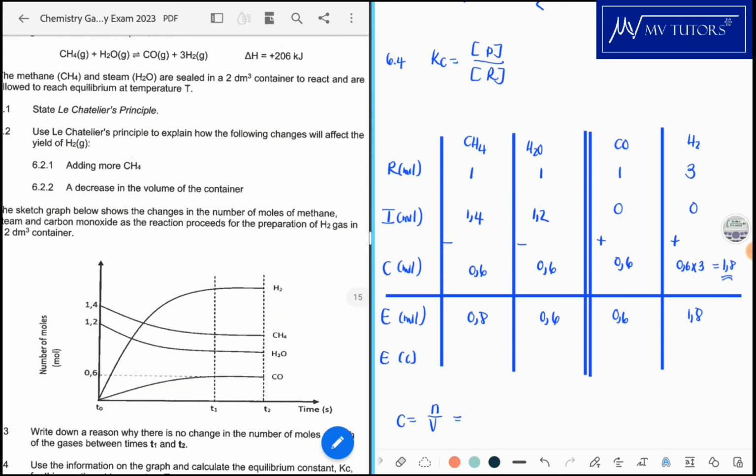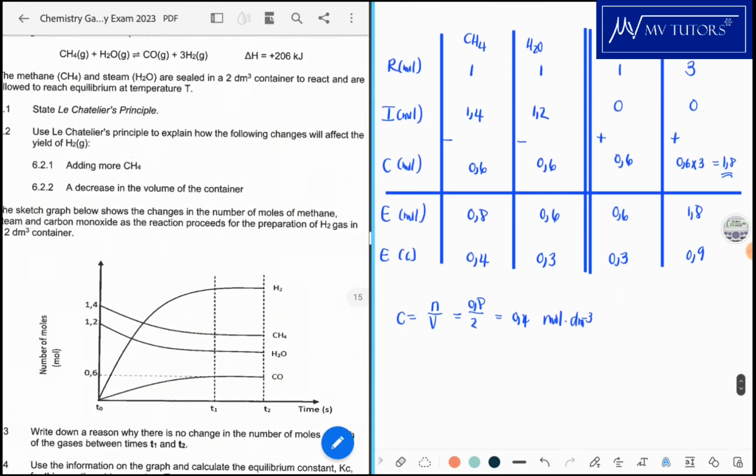So for methane, you're going to get 0,8 mole divided by 2, and you're going to get 0,4 mole per cubic decimeter. 0,6 divided by 2 will give us 0,3. 0,6 divided by 2 again, 0,3. And lastly, 1,8 divided by 2 gives us 0,9. So we have our concentrations.